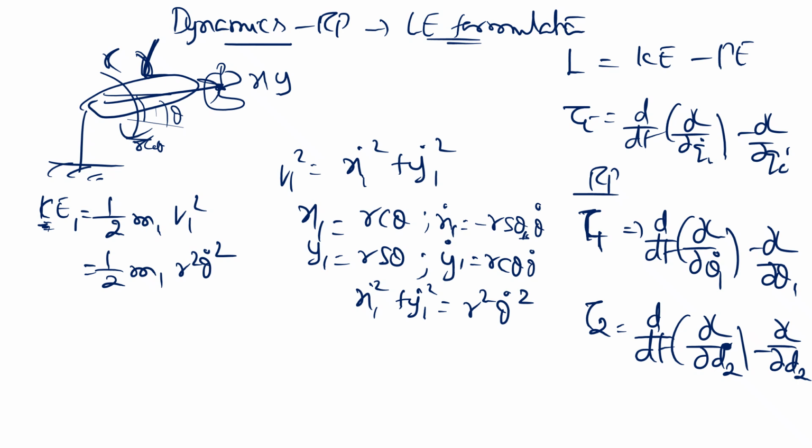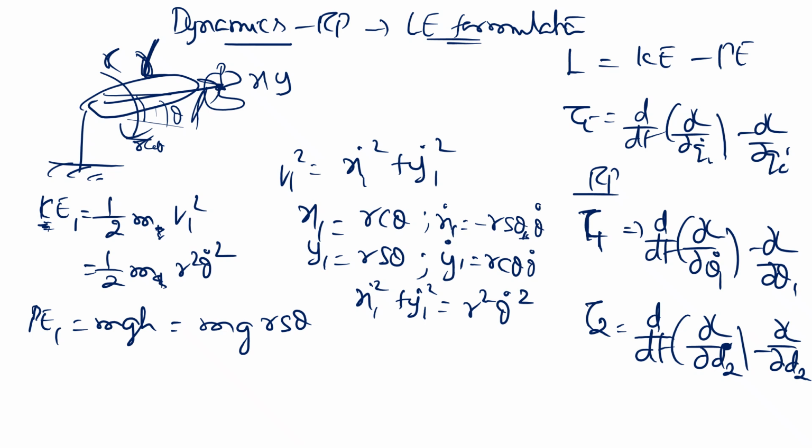Then potential energy PE1 equals mgh. Here, m1 because it's the only mass. The height is r sine theta. So the kinetic energy and potential energy for the first link are done.